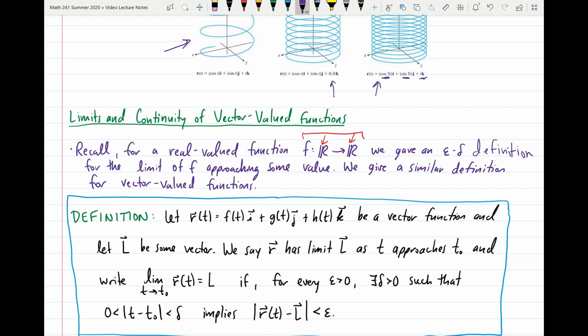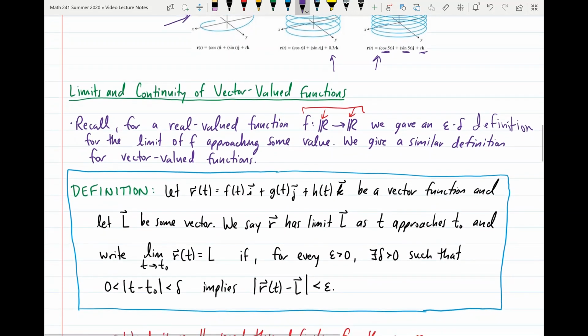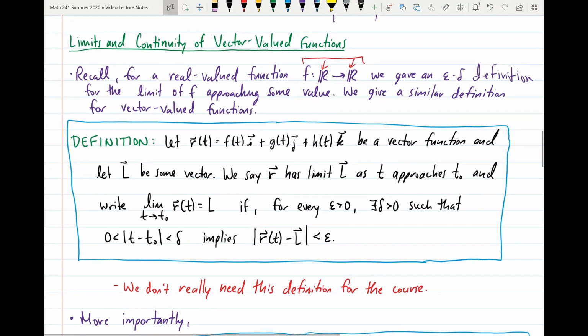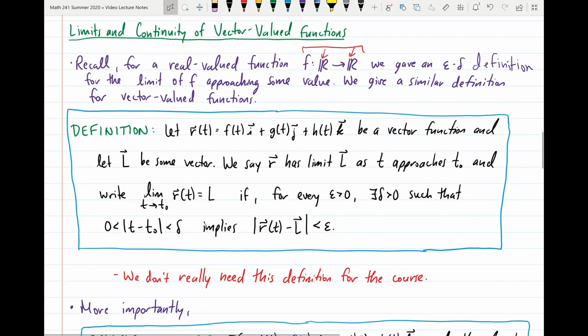So remember that in Calc 1, the limit was the bread and butter of calculus. It's kind of the foundation on which everything is laid. And so if we want to build a calculus on vector valued functions, we better do the same kind of thing. So if we let r be some vector valued function, and we let L be some vector, we say that r has limit L as t approaches the time t naught, and we write this expression here, which should be familiar from Calc 1.